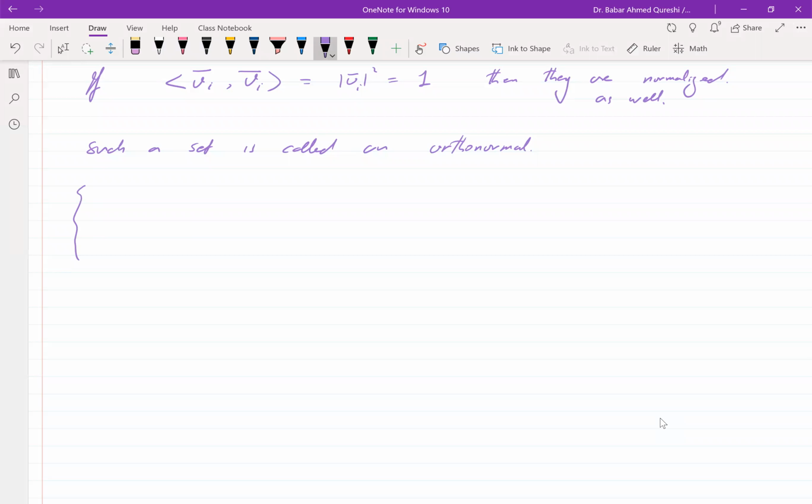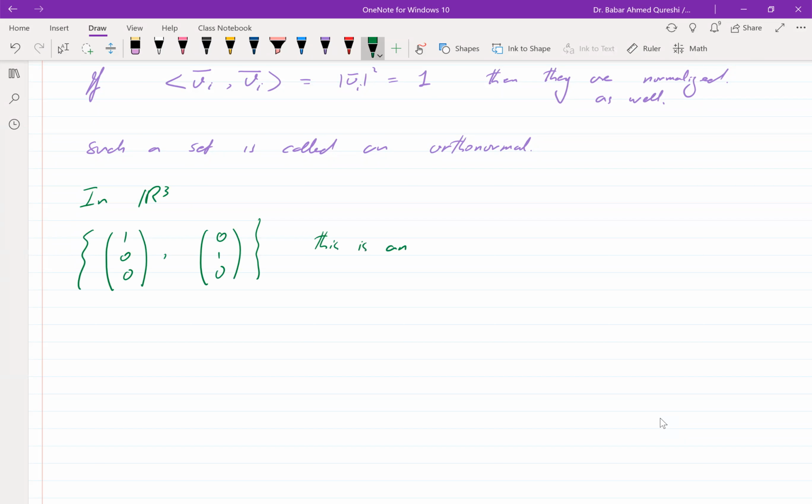So for example, I can take some examples. In R3, if I pick these two vectors, this is an orthonormal set.